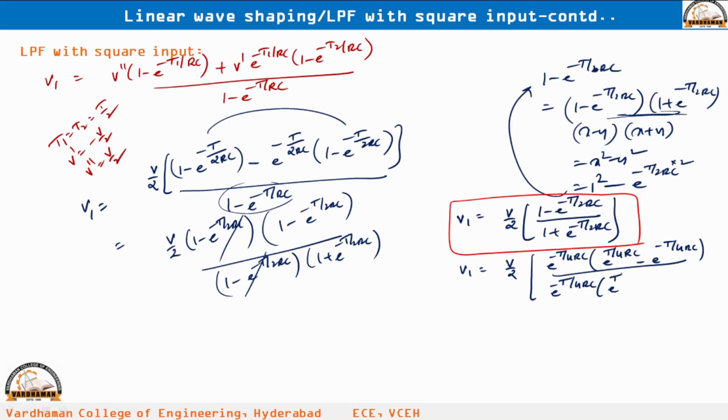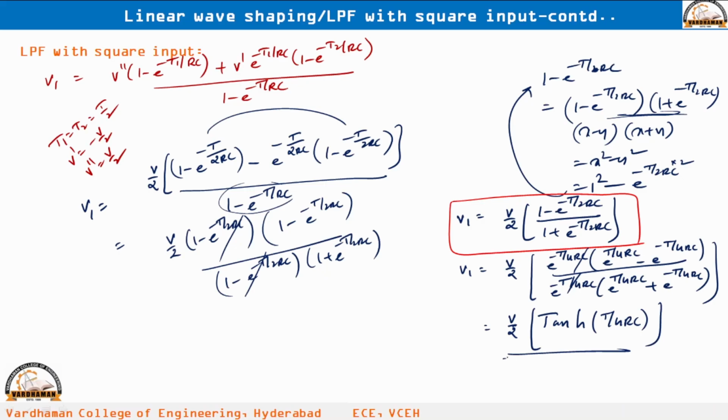So, you will get e power t by 4 RC plus e power minus t by 4 RC. This part is looking like e power x minus e power minus x by e power x plus e power minus x. That is actually tan hyperbolic x, with x as t by 4 RC. With this, the derivation is completed.